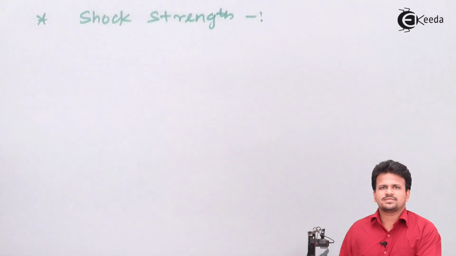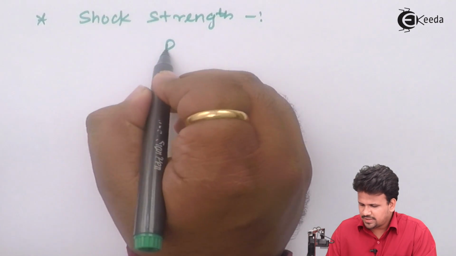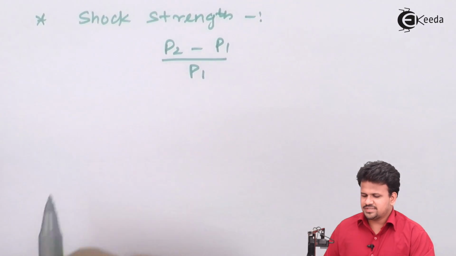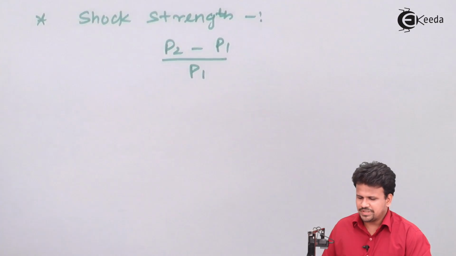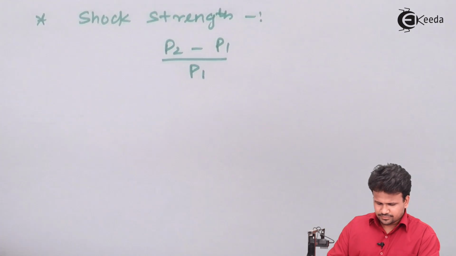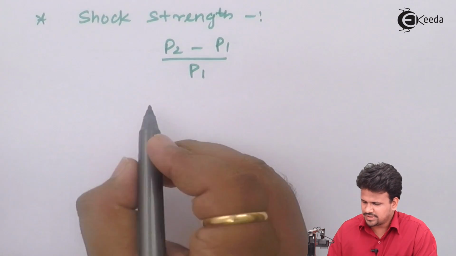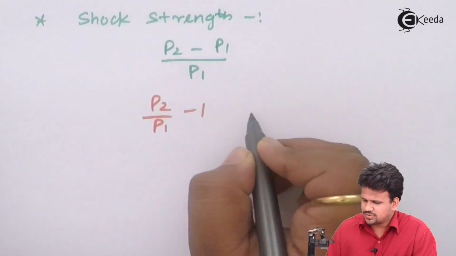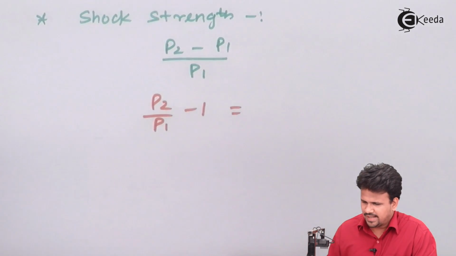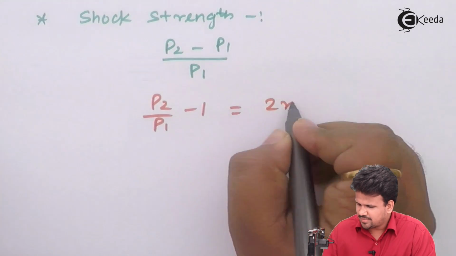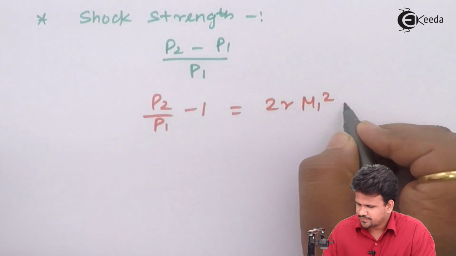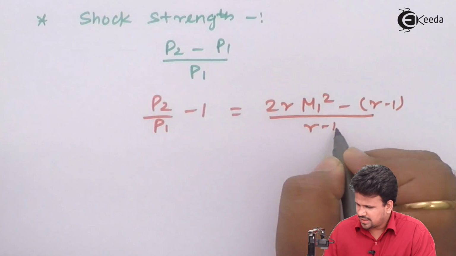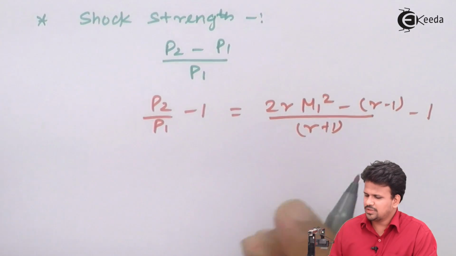Now shock strength is defined as (P2 minus P1) upon P1. So that is the change in the pressure upon its initial pressure. So over here we know that this can be written as P2 by P1 minus 1, equal to (2 gamma M1 square minus (gamma minus 1)) upon (gamma plus 1), the whole minus 1.